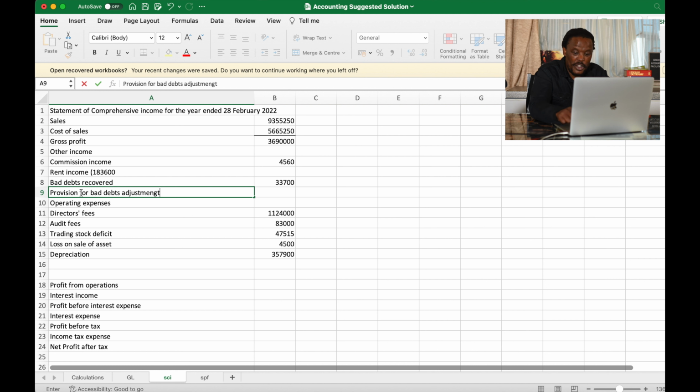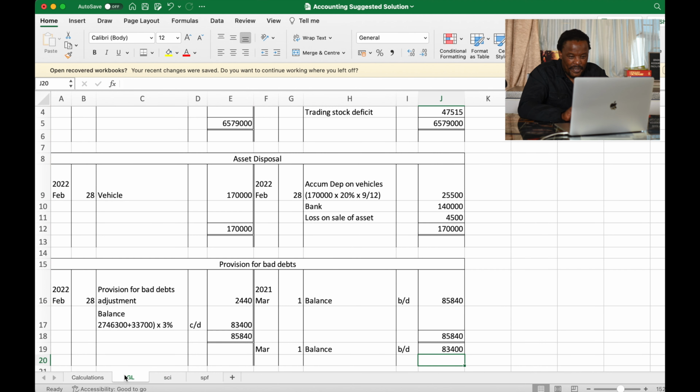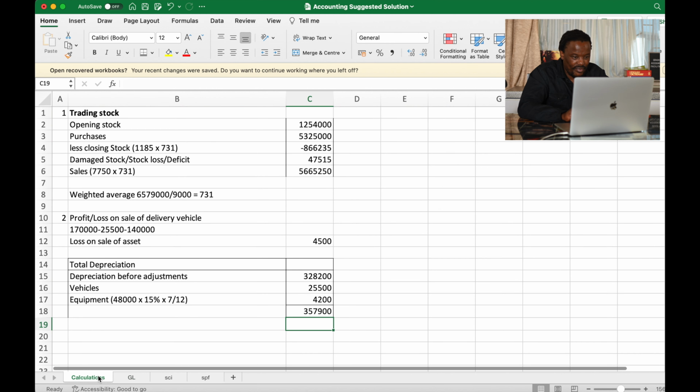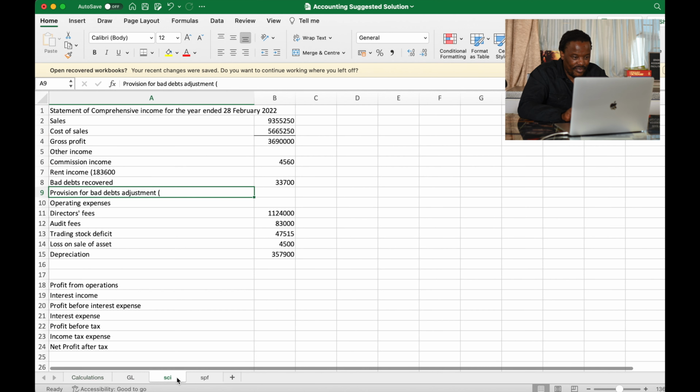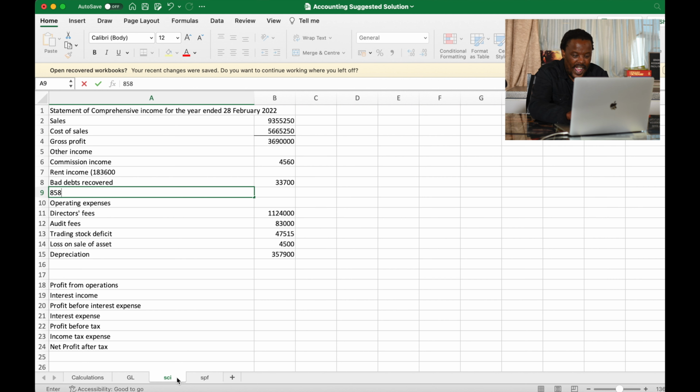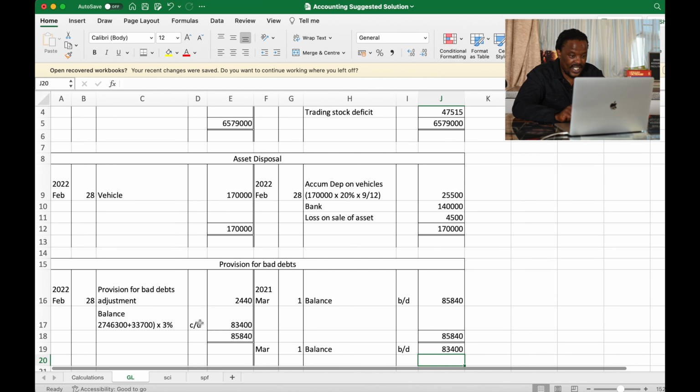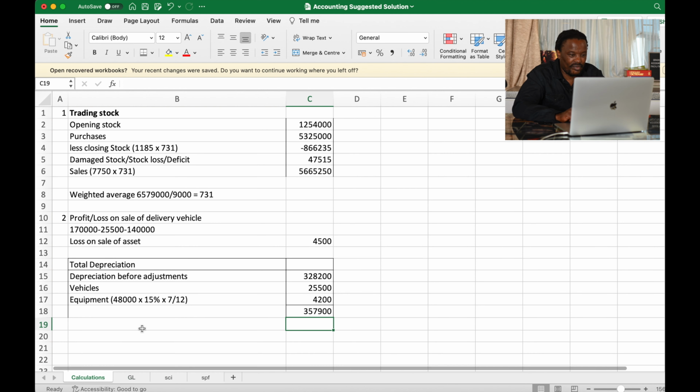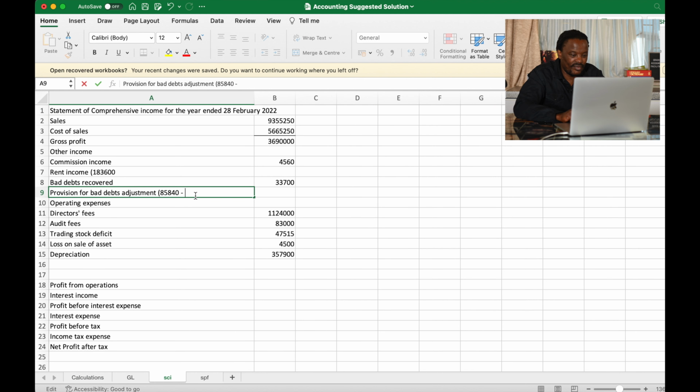Sometimes because of time, you would have shown your calculation here: 85,840 minus, as you've seen, 83,400.